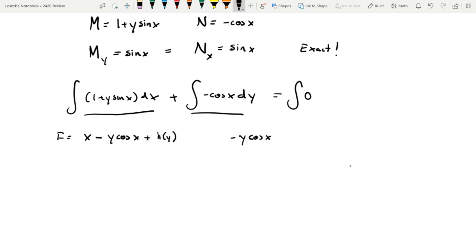And you're anti-differentiating with respect to y, so instead of a constant of integration, you get a function of the other variable not involved in the anti-differentiation, so g of x. And this is f as well. Okay, so we have the same function, I guess, so we can set those equal to one another.